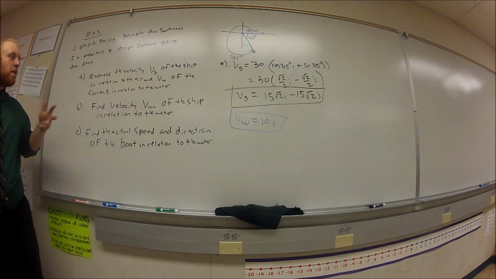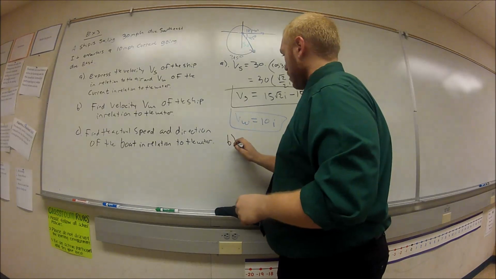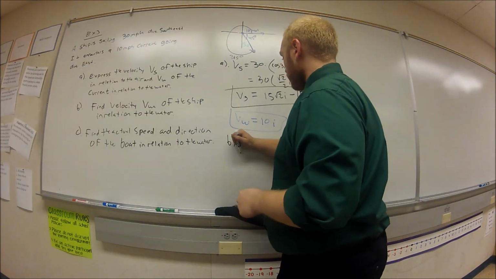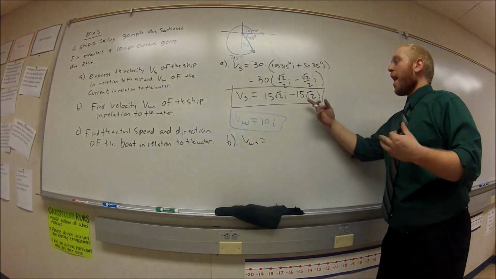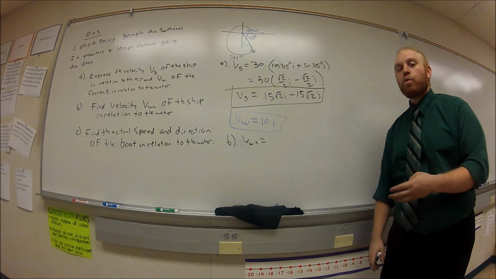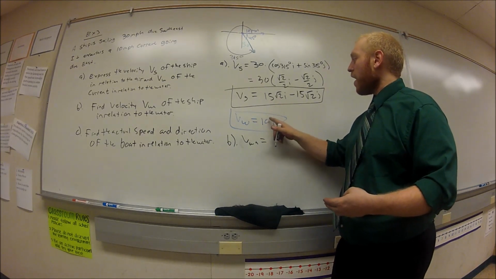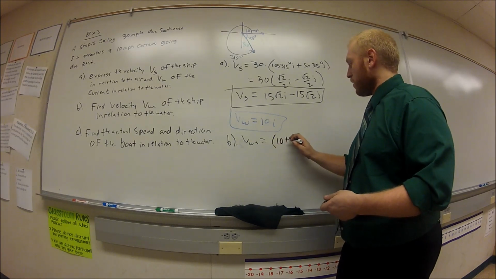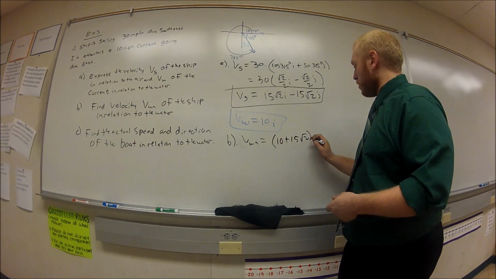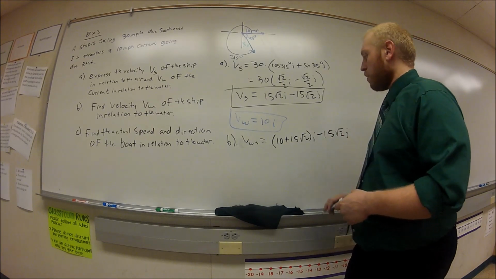So v sub wa equals, and then add these vectors. Remember, we can add component-wise. So you got an i, and you got an i, but they're not like terms, so put it in parentheses. 10 plus 15 root 2 i minus 15 root 2 j. There you go.